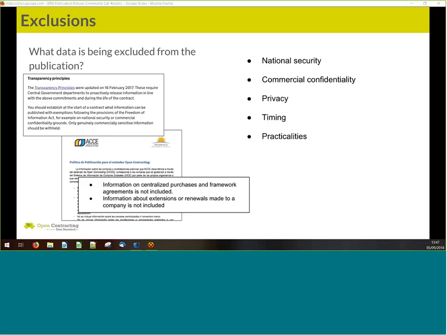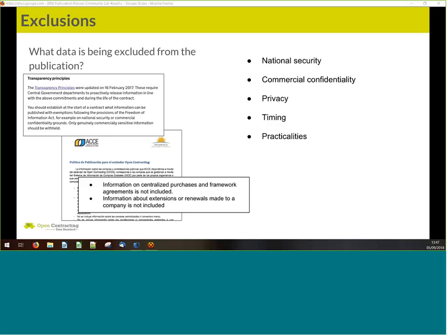So a couple of reasons for non-disclosure can be timing, so that can be where information can't be disclosed until a particular process, say approvals or appeals, is completed, or just practicality of where data can't be generated from a particular system, perhaps because access to the database isn't available, or there's no longer a relationship with the provider of that system where they can make any changes to it.